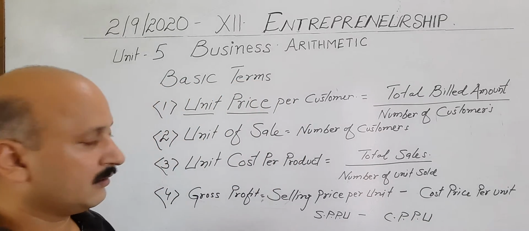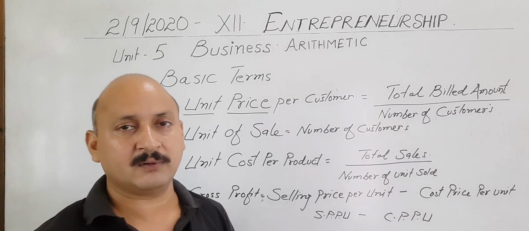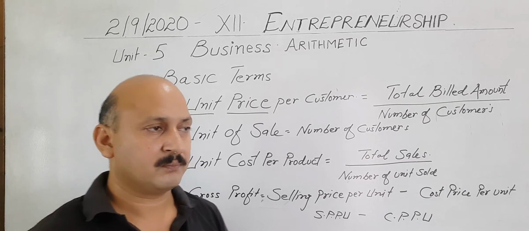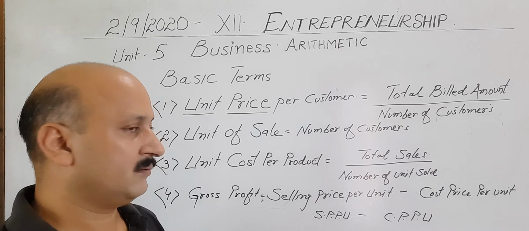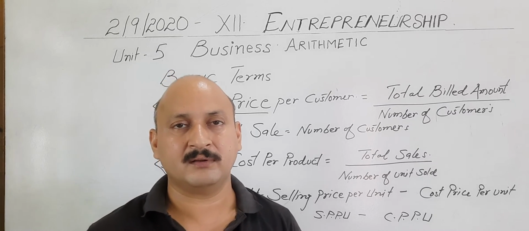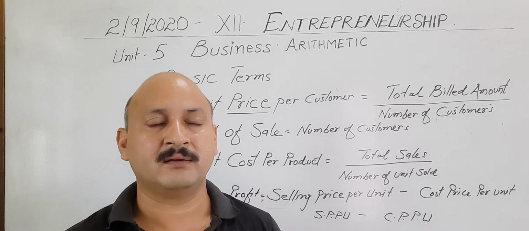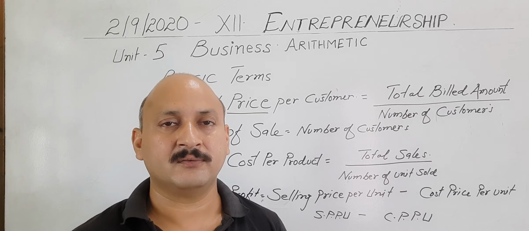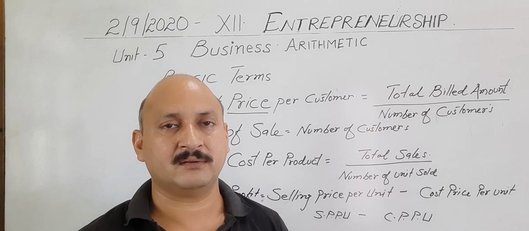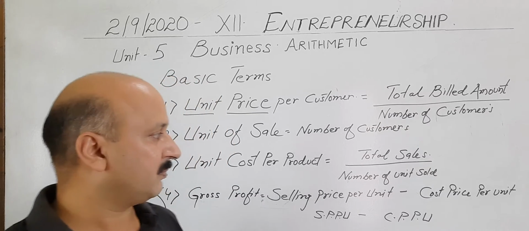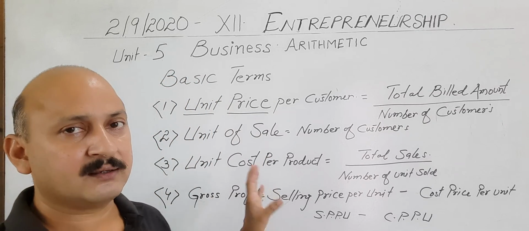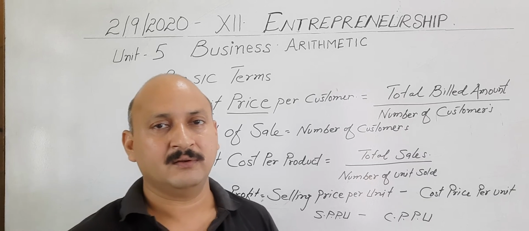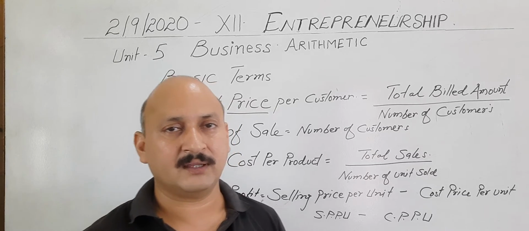So these are the old methods of calculating profit. Means generally we calculate the profit by subtracting cost price from selling price. So there is no difference, but the terms are different. So let's start with an example.